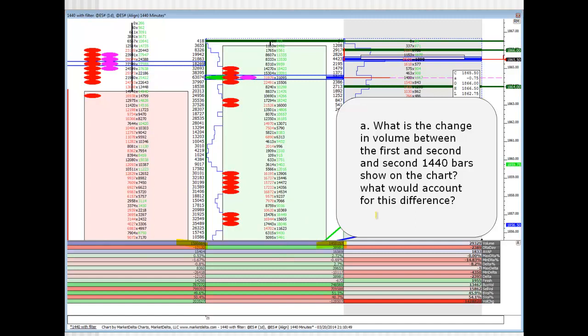The key question then becomes, what would account for this difference? Obviously, there is a difference. There's a difference of some 150,000 or so between the two, and in a 24-hour period, that really is not a terribly significant difference, but it is a difference. And what would account for it is really the interest of the participants in the market.